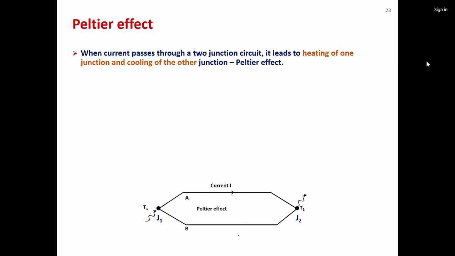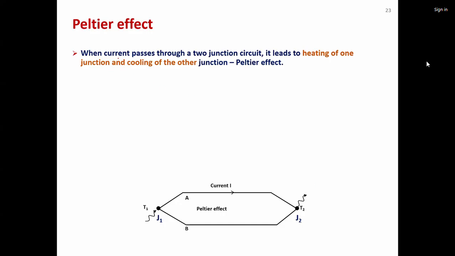When you have two different wires forming two different junctions, junction J1 and junction J2, and you pass a current through this closed loop comprising two different thermoelectric materials, the property of these materials is such that when current passes through, heat will be absorbed at one of these junctions and heat will be released from the other. This effect is known as the Peltier effect.